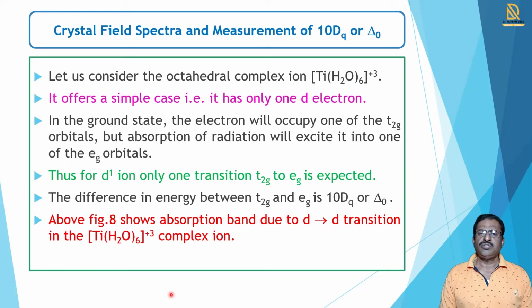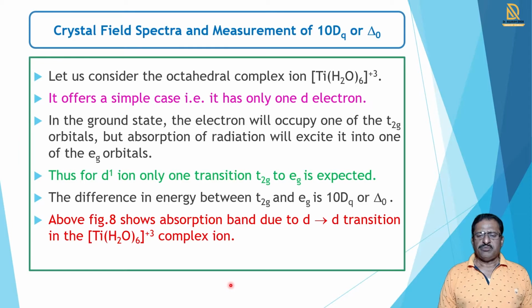So a t2g to eg transition is carried out, and such a transition is expected. The energy difference between t2g and eg is 10 Dq or delta O. This we have already discussed.